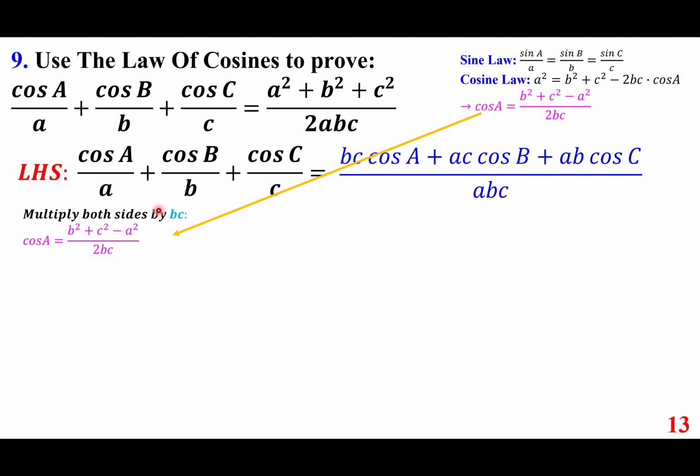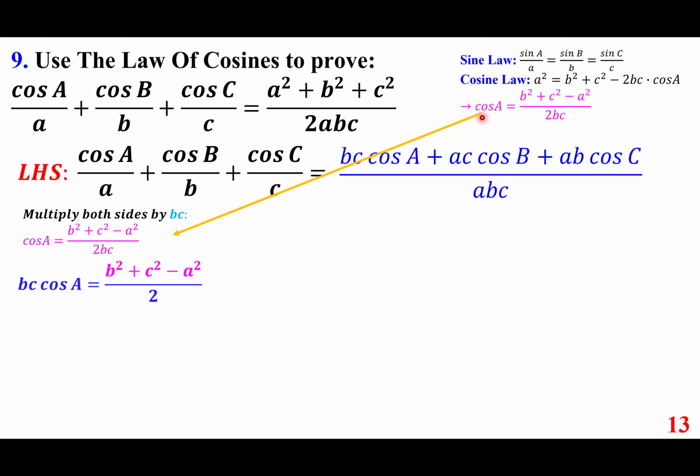And I do that with the rest of them also. So bc cosine A is b squared plus c squared minus a squared over 2. With that being the case, what would be cosine B? Cosine B would be a squared plus c squared minus b squared over 2ac.